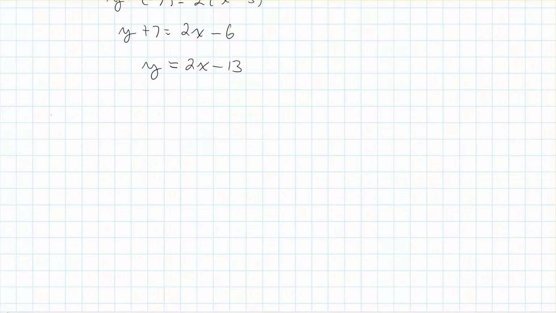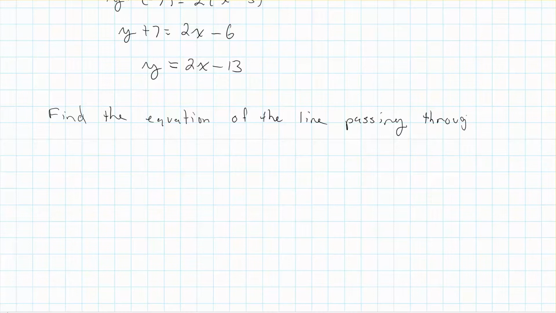So we're going to find the equation of the line passing through (2, 4) and (4, -4).